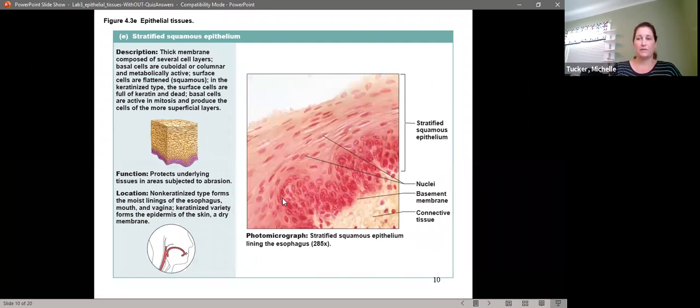Okay, so we're going to move on to a couple of stratified tissues. So stratified meaning multiple layers. The one we are looking at now and in lab is going to be what's called non-keratinized, and they are found in the esophagus.